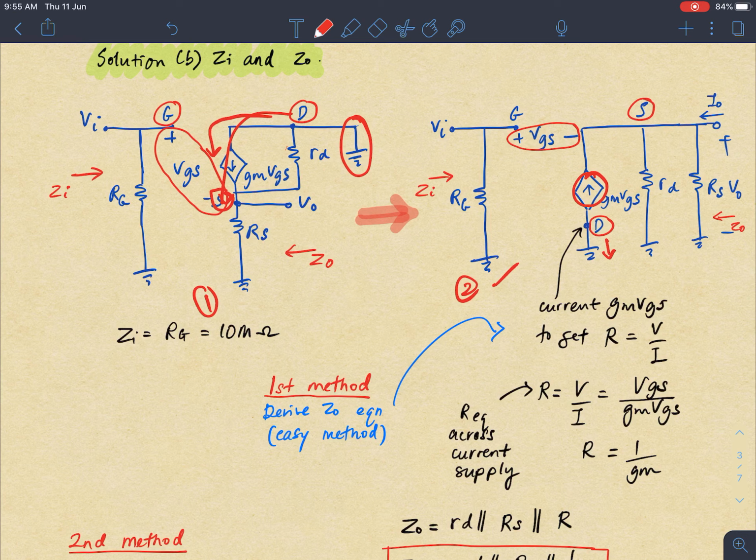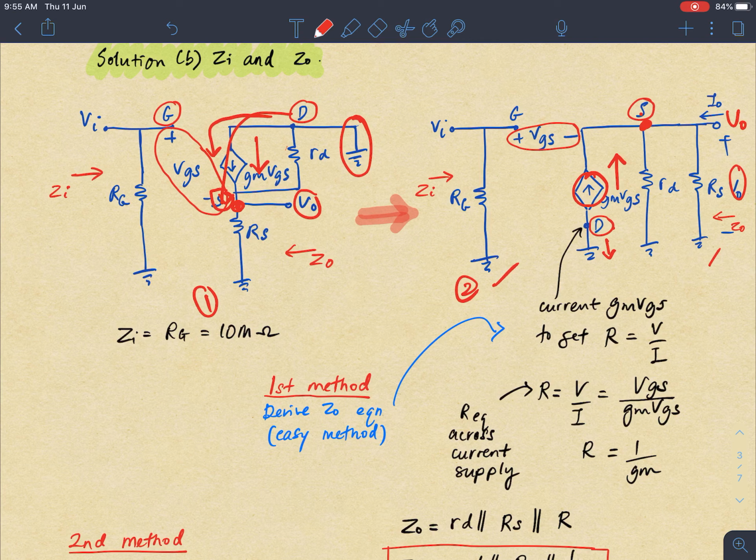The left side figure is from top to down like this, because the current must flow from D to S. Then here the V out is at S. So this is the V out here, at S. Okay, so I get this circuit for the source follower.